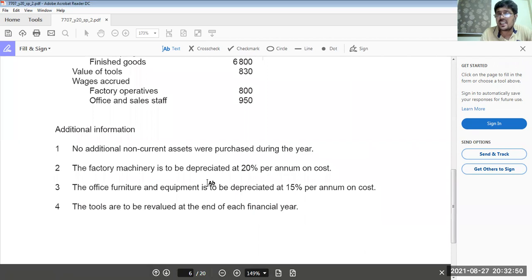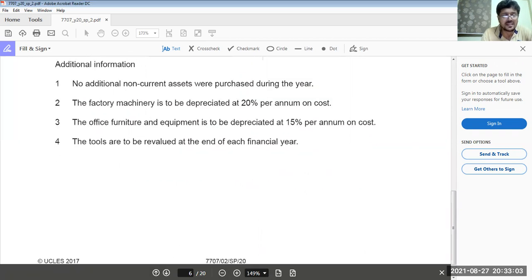No additional current assets were purchased during the year. Factory machines to be depreciated at 20% per annum of cost. Office equipment is to be depreciated at 15% of cost. And tools are to be valued at the end of each financial year. Done. Okay.